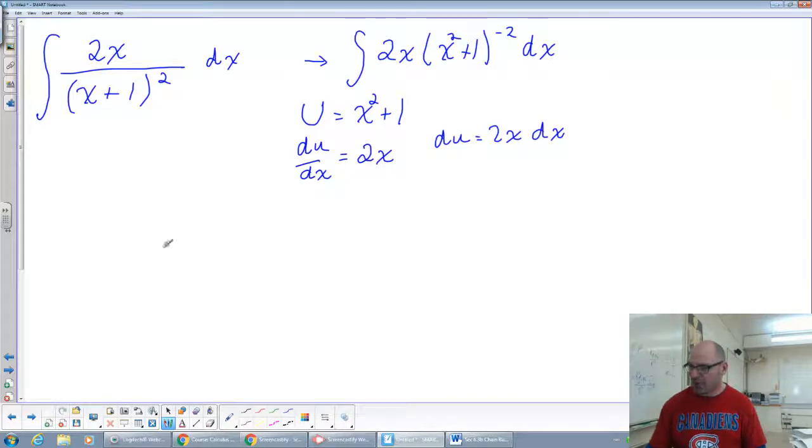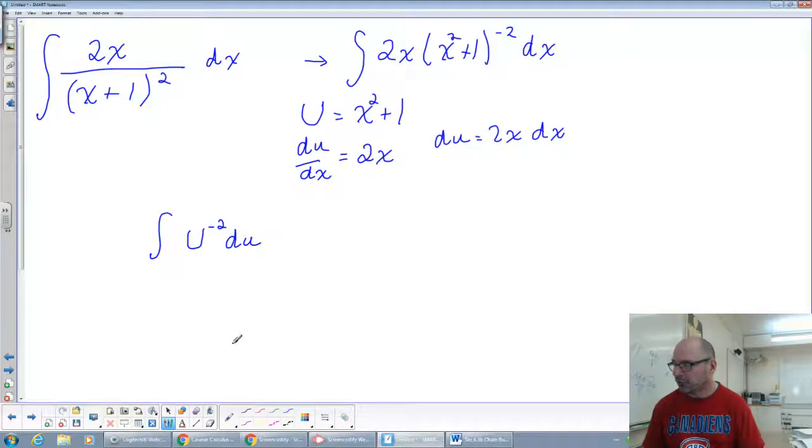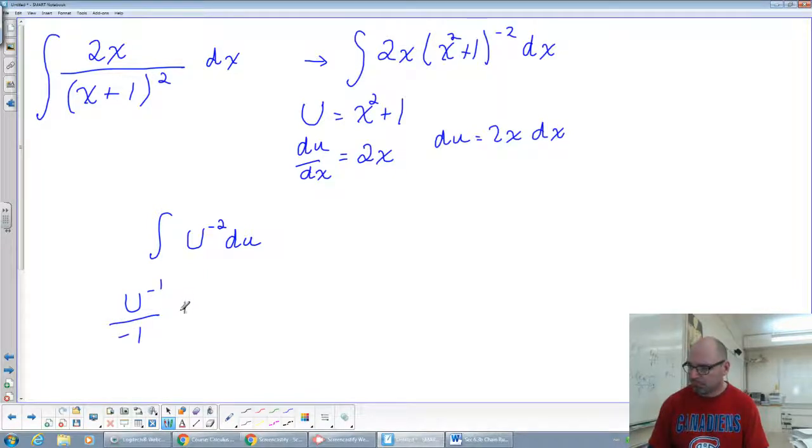So then when we rewrite our equation now, we rewrite it as u to the power of negative 2 du. No manipulation needed because that's perfect, right? Okay, now that we've done that, we can apply the integration rule for y. So that means we add 1. So u to the power of negative 1 over negative 1, plus c.